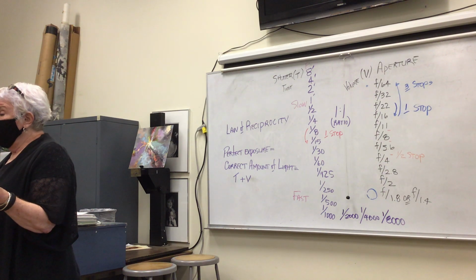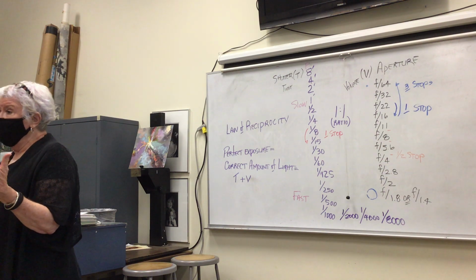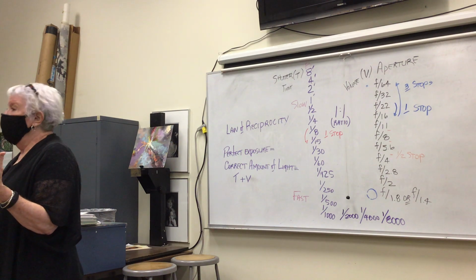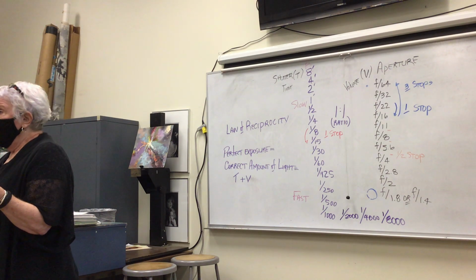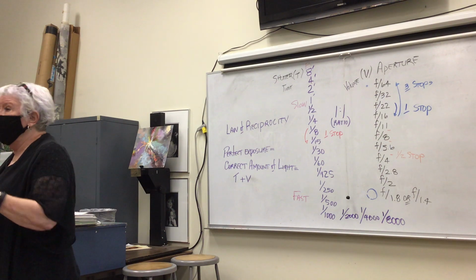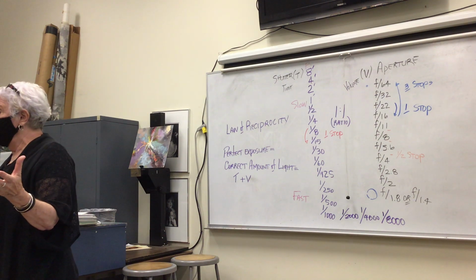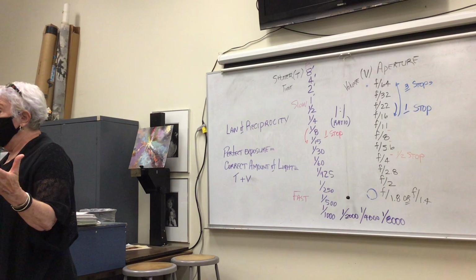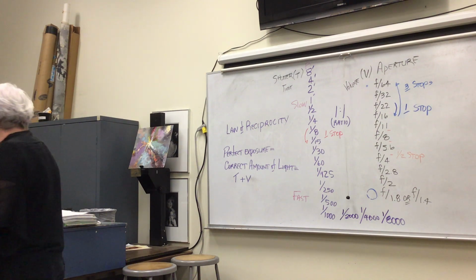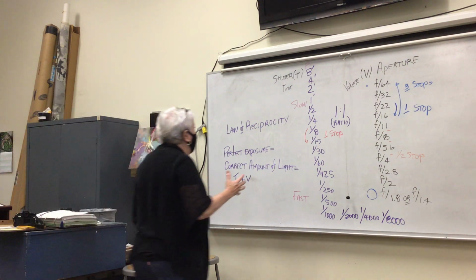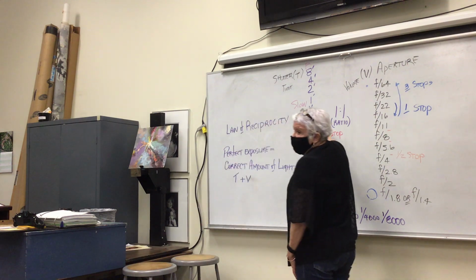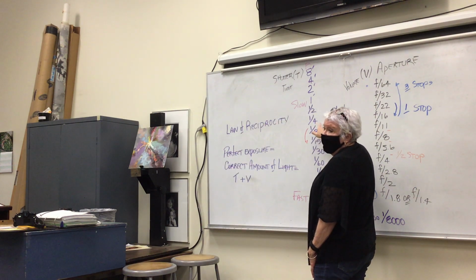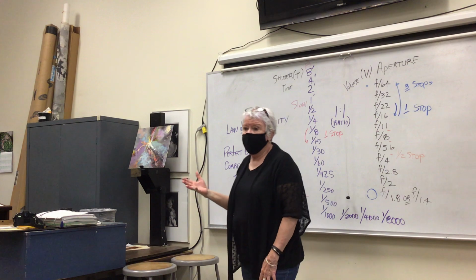So, for mid-range ASA 400 speed film, F11 at 1/4 of a second would give you a good exposure in here, shooting ambient light. And we know that 1/4 of a second is dangerously slow, don't we? So you need a tripod.